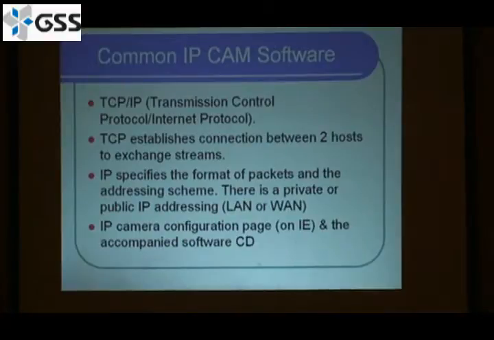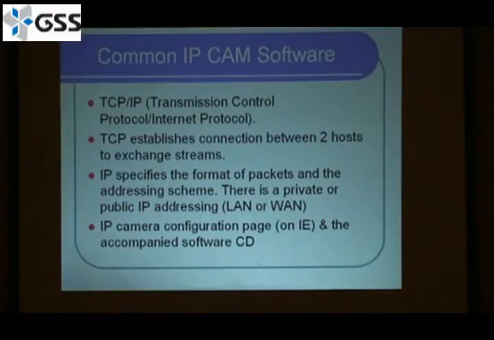And IP will specify the format of the streams, like how many frames per second. And also the addressing scheme. I mean, where is this video stream going to? Like the client software will request the video. So the camera or the router will have to make sure that it sends that video stream to the client that requests, not to other clients.